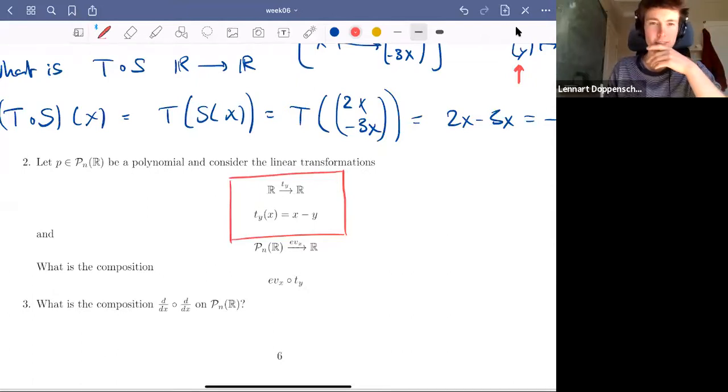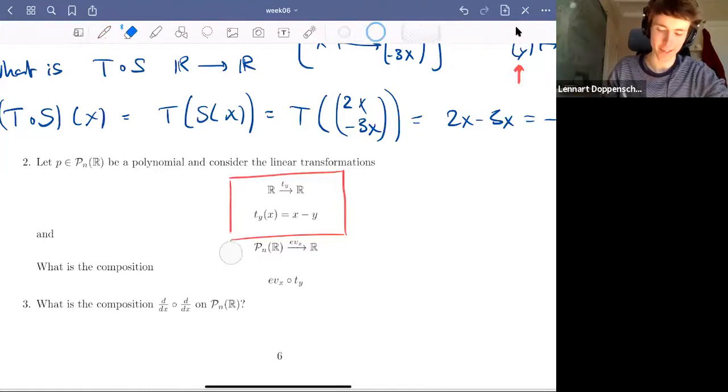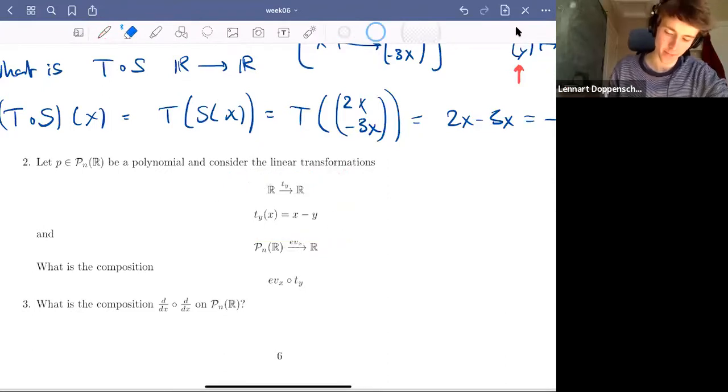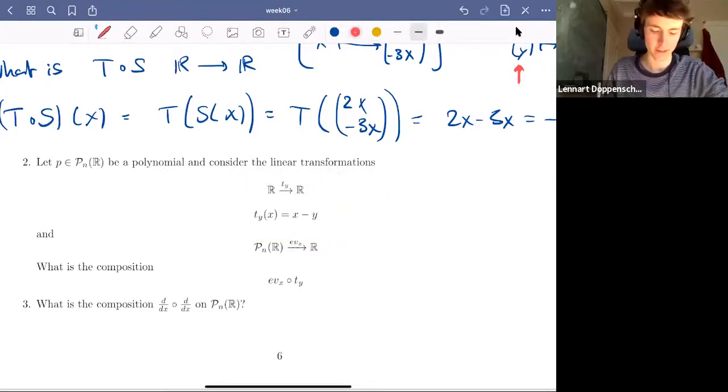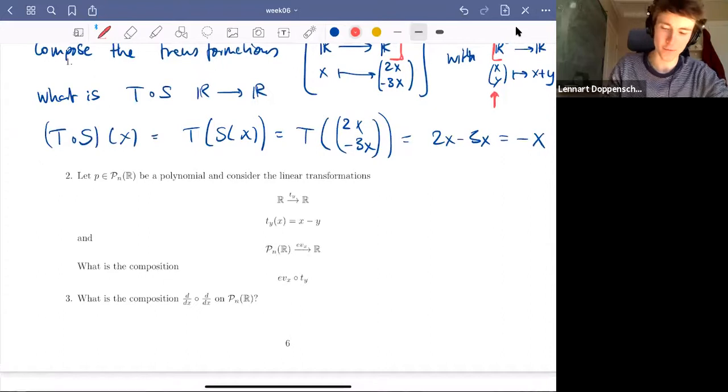Actually, does anyone know anything? This is not linear. I just realized that while I was explaining this, that this is not a linear transformation. This is unfortunate. So, in order to avoid confusion for the future, let me just avoid this.